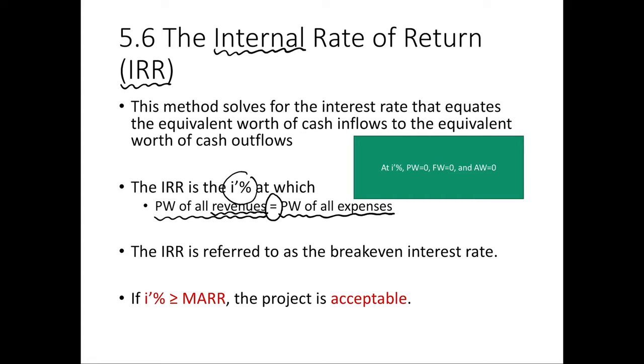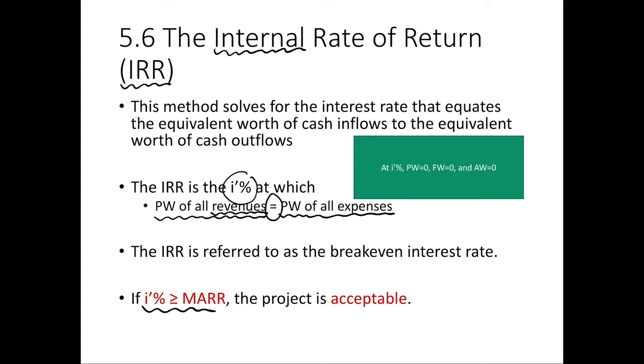Once you solve the equation and you get the I prime percent, you're gonna compare that with your MARR to see if it's bigger or equal or not. If it's bigger or equal to the MARR, then you say that proposal is acceptable. Otherwise, you're going to reject it.